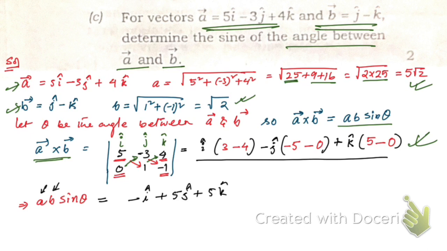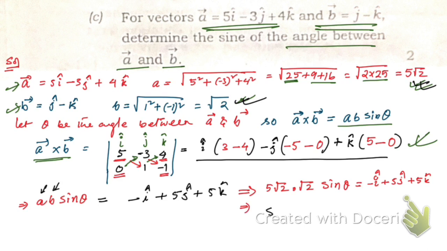So sine theta will be equal to, 5 root 2 into root 2, that's going to be 10, so minus i cap plus 5 j cap plus 5 k cap divided by 10. So this is your answer. That's how we can solve. So now let's move on to the next question.